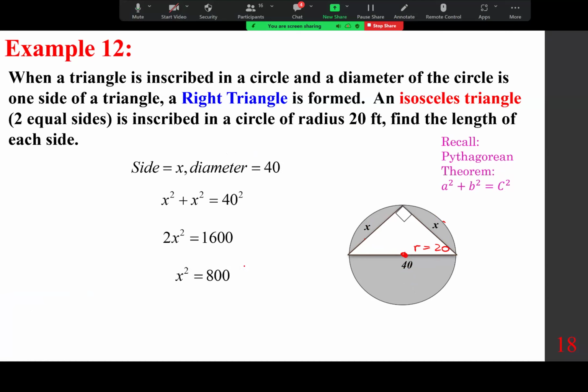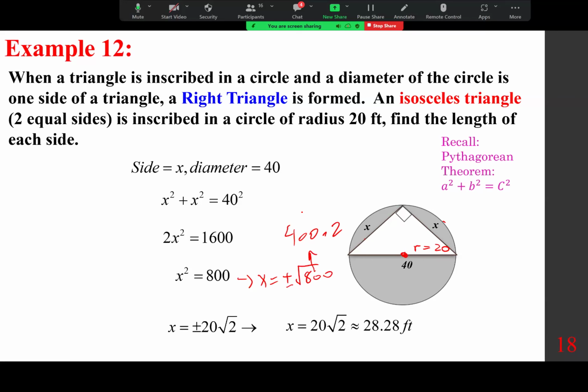And that means x is plus minus the square root of 800. And 800 is the product of 400 and 2. 400 comes out as 20. 2 remains. Just a precise answer, by the way. Sides can't be negative, so we only keep the positive 20 square root of 2, which is almost 28.28 feet.